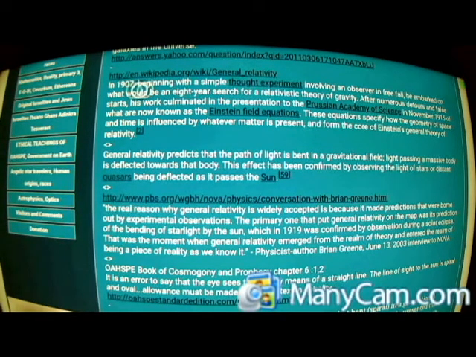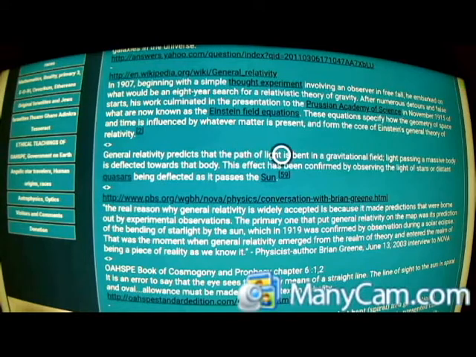After numerous detours and false starts, his work culminated in the presentation to the Prussian Academy of Science in November 1915 of what are now known as the Einstein field equations. These equations specify how the geometry of space and time is influenced by whatever matter is present, and form the core of Einstein's general theory of relativity.